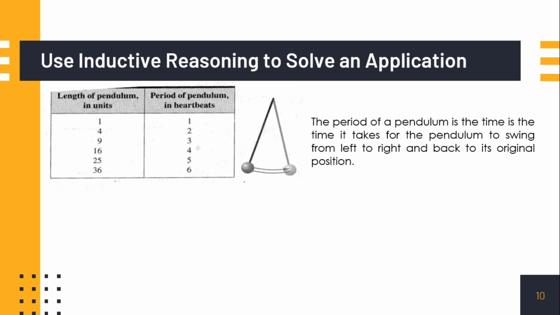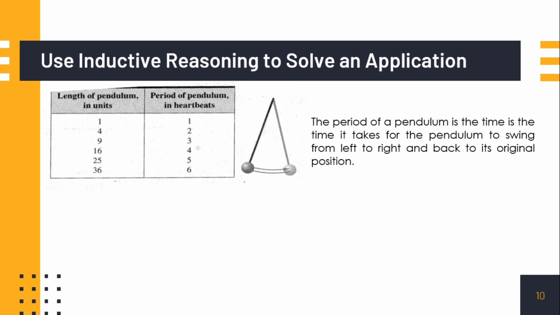Before the next example, I'll give you a short background on the pendulum. Scientists often use inductive reasoning, for instance, to discover the time required for a pendulum to complete one swing. It's called the period of the pendulum, and it depends on the length of the pendulum.